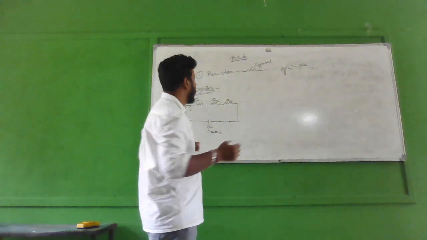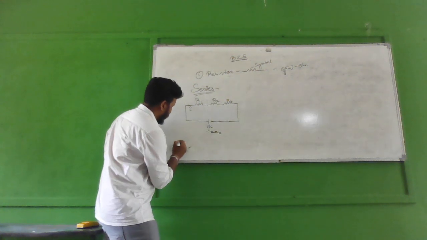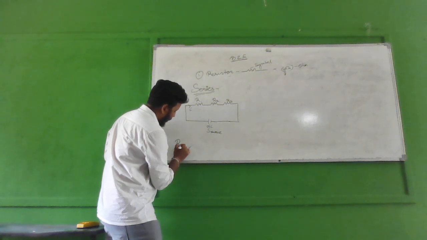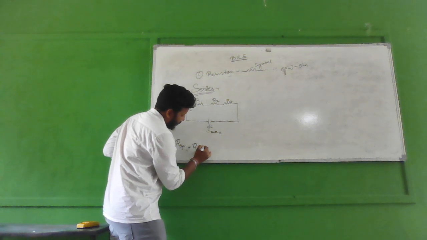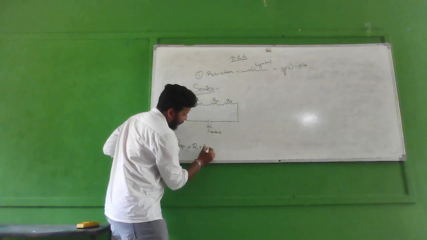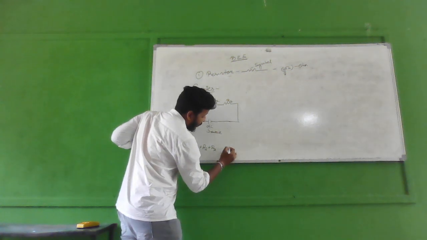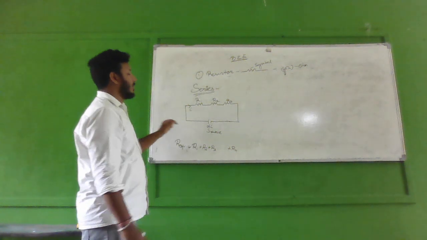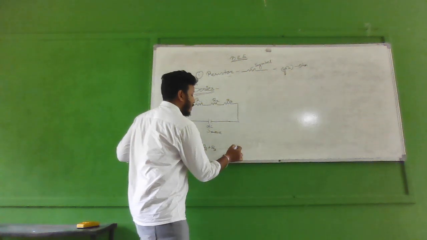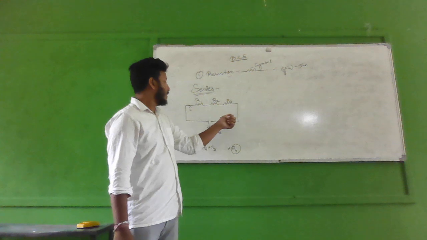So we will discuss the formula of the series connection. R equivalent equals R1 plus R2 plus R3 up to Rn. Rn stands for the number of resistors connected in series.